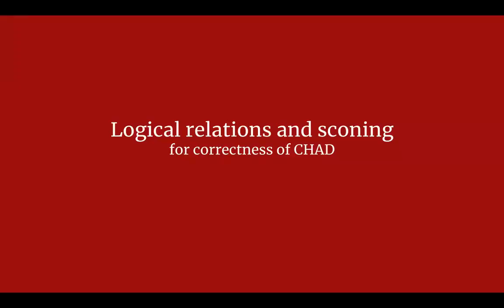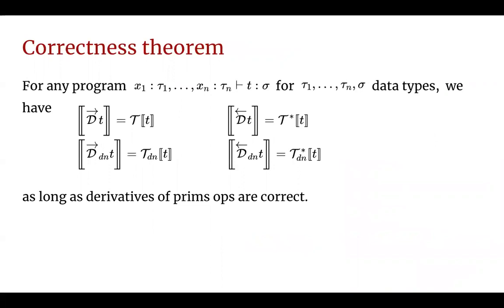Now I'll say something very brief about how you see that these definitions are correct, or in what sense precisely they are correct. Okay, so we can establish a correctness theorem for these source code transformations, in the sense that we want to prove that they actually implement derivatives.